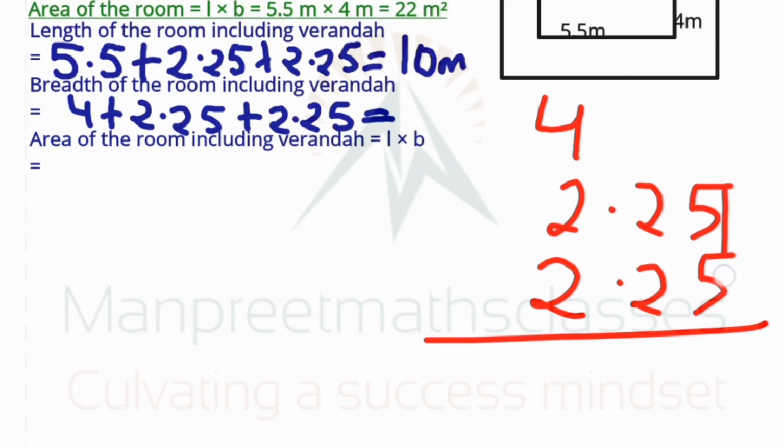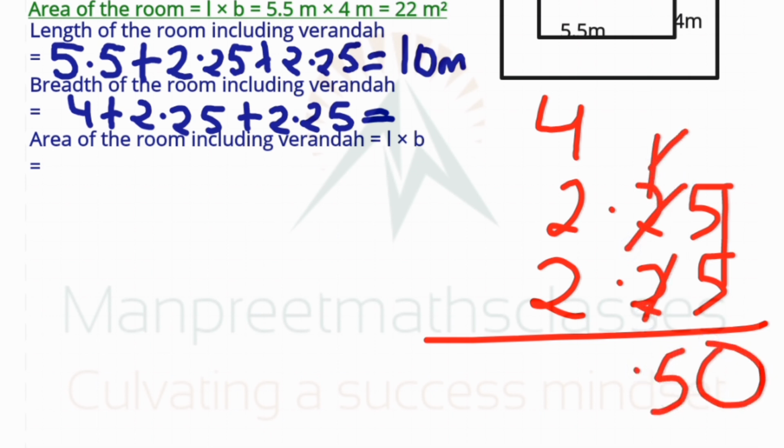So add them. 5 plus 5, 10, 0, 1 carry, 2, 4, 5. So 8.50 is the breadth.